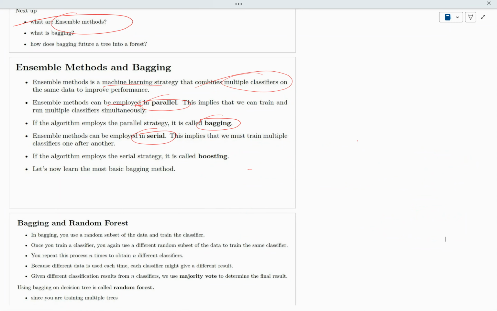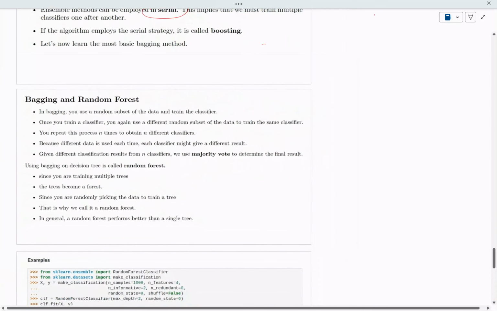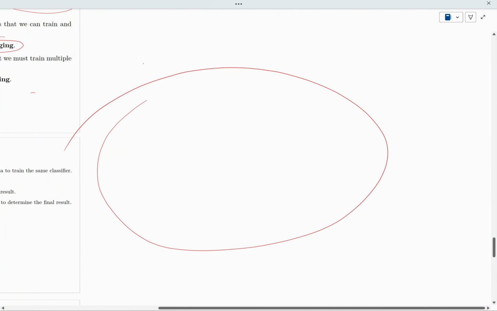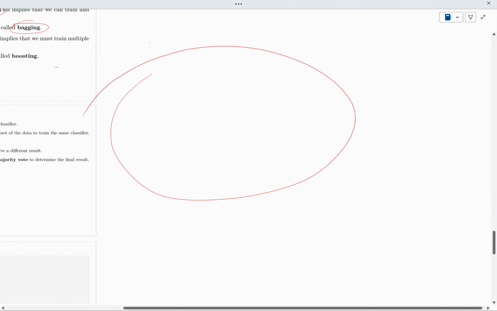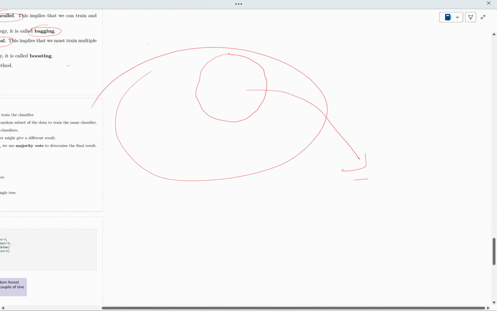So how does bagging work? Bagging works really, really easily. Picture you have this data set. Now, if you take a subset of the data and train a decision tree, you call this tree one. Now, if you take a different subset and train again, it's going to come to a slightly different conclusion because it has seen different data.